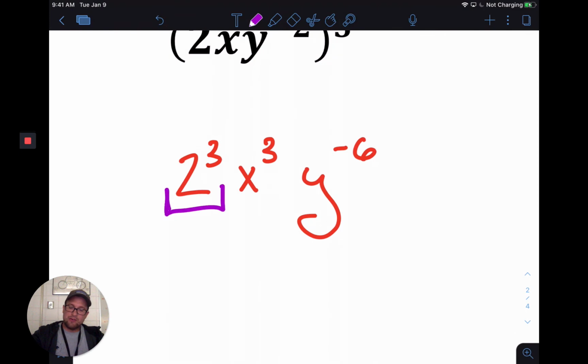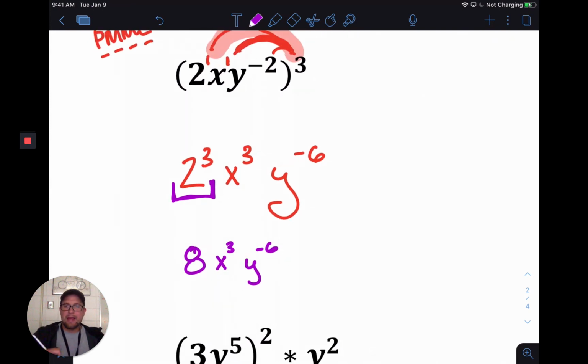Now, if I take 2 to the 3rd power, we can just make that into 8. We know that because that's 2 times 2 times 2. We get x to the 3rd power. And now I have y to the negative 6. Now I'm going to show you a trick. This is how I like to deal with them. Anytime I see a negative exponent, I like to take my whole expression and turn it into a fraction. And we can do that in math all the time. We make any number into a fraction by putting it over 1.